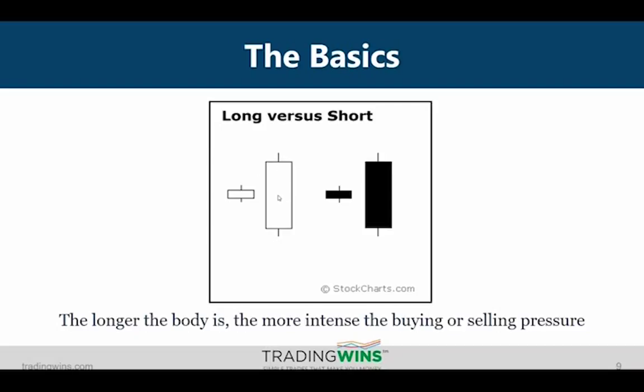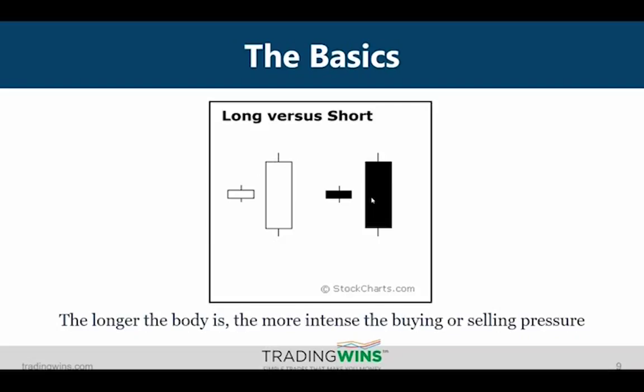So when you're looking at a chart, the bigger the candles, the more you should pay attention to what exactly is happening, because this was a tug of war between buyers and sellers, just like the smaller candle. But obviously here, the buyers won by a much wider margin, right? They put a lot of pressure and were able to drive the price up. So this candle carries a lot more weight than the smaller one.